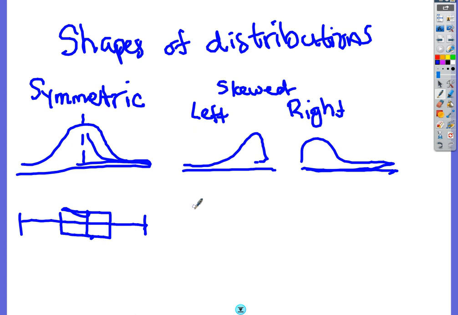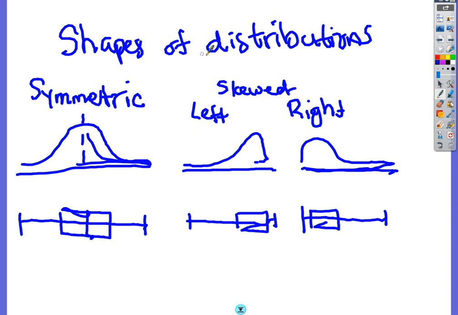In a box and whisker plot that was skewed to the left, the majority of the data would be on the other side, so it looks like there's a tail more on the left. And the same thing, if it's skewed right, the majority of the data is on the left and there is a tail on the right.